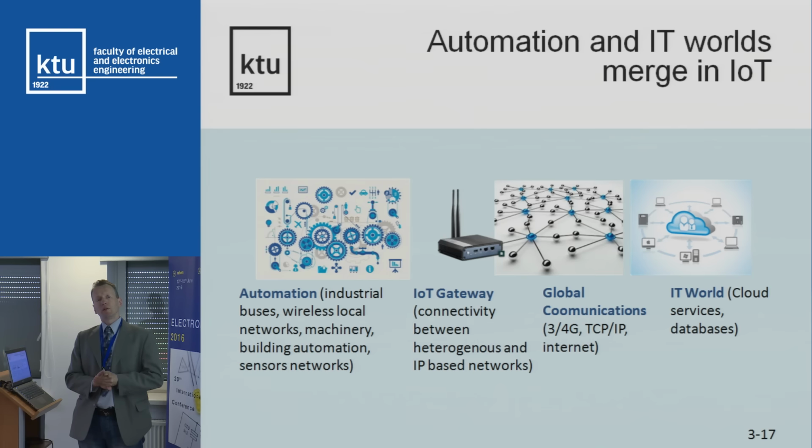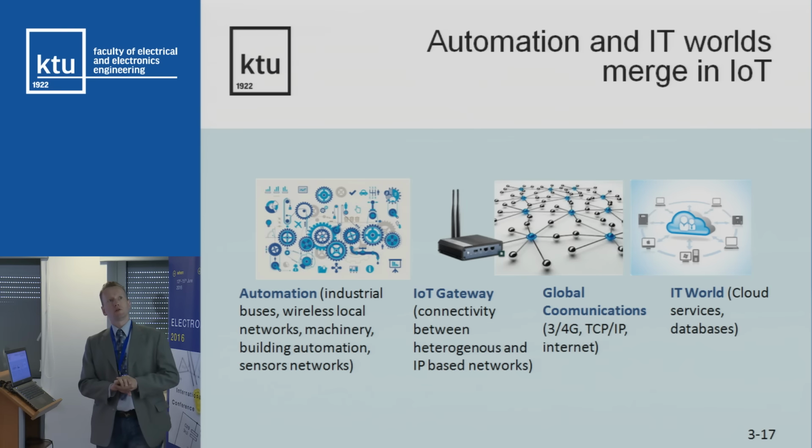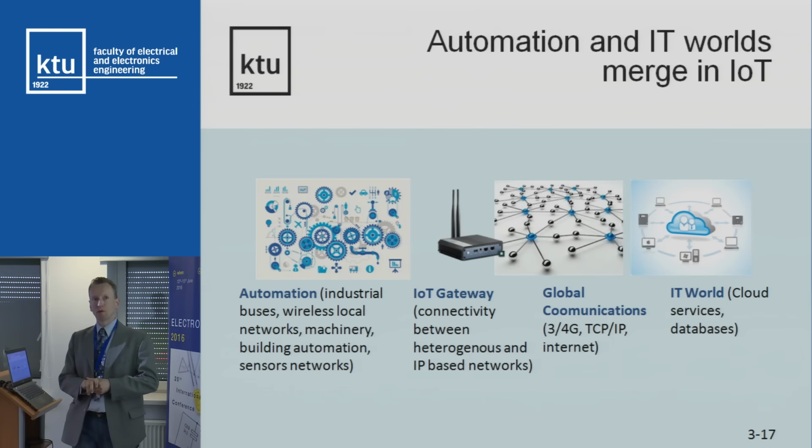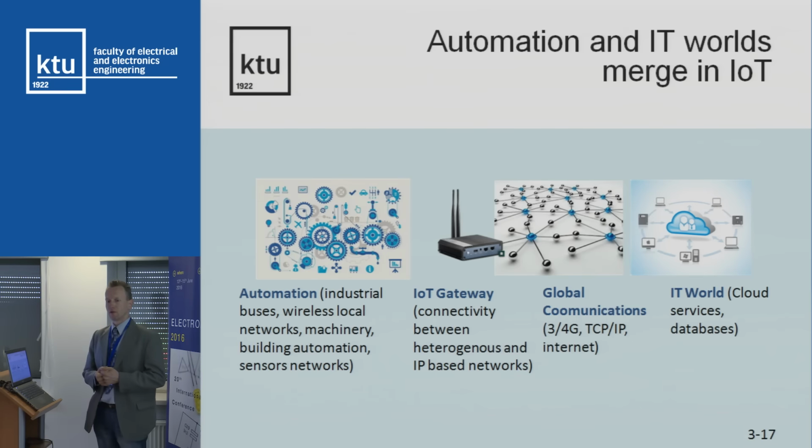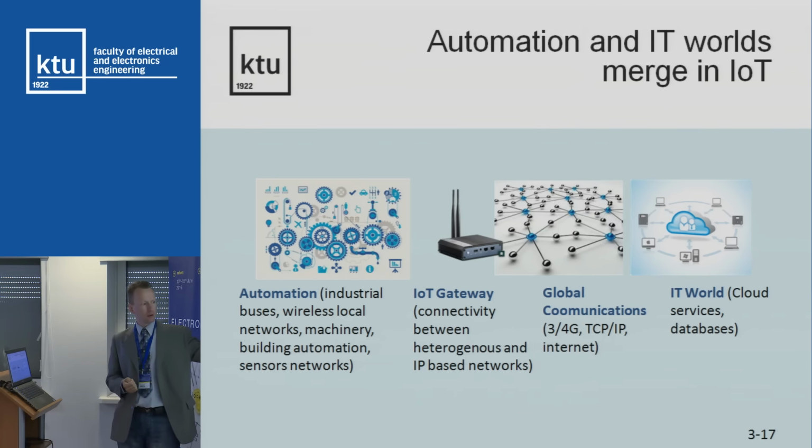The general trend nowadays is that automation and information technology systems merge in the framework of the Internet of Things. On the field side we have a variety of industrial buses, heterogeneous local wireless networks, machinery, building automation, sensor networks, and so on.